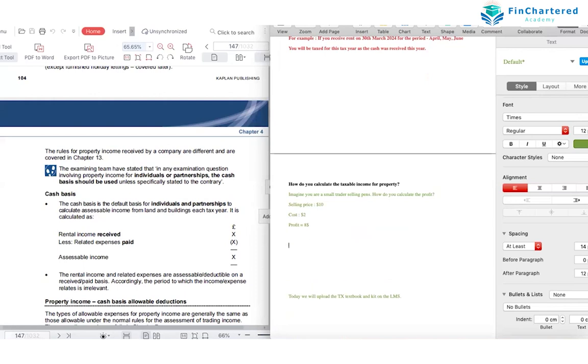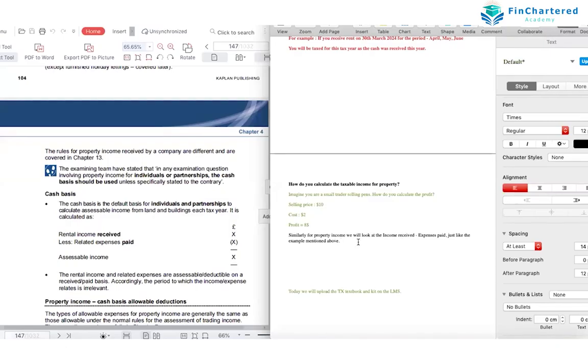Similarly, for property income, what we will do is we will look at the income received minus the expenses paid, just like the example mentioned above. So what will we do?